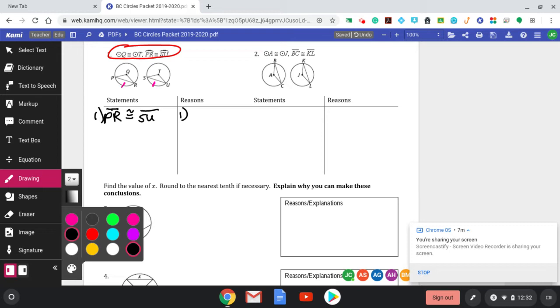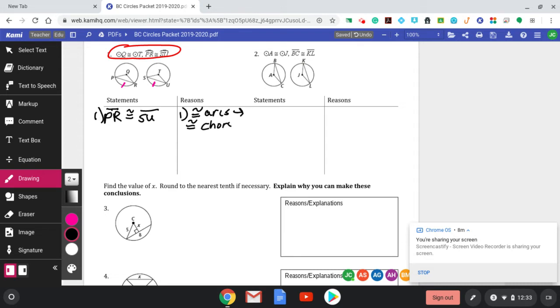What were you given? We were given congruent arcs. What did we write down? That means or implies congruent chords. So that's all I need to write in the reasons column when I want to use that fact.